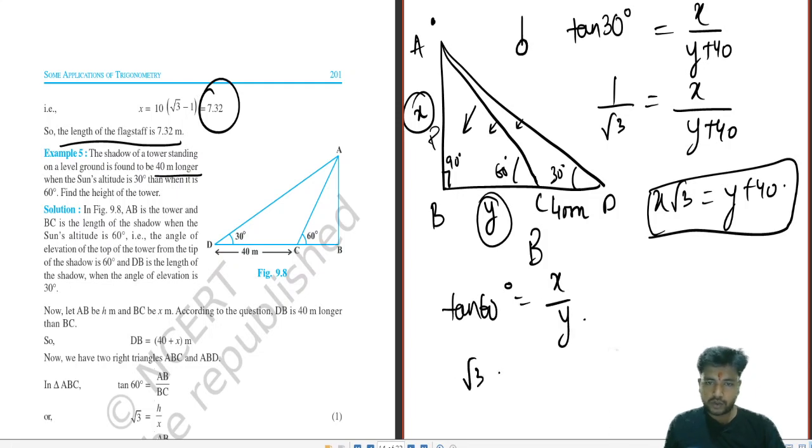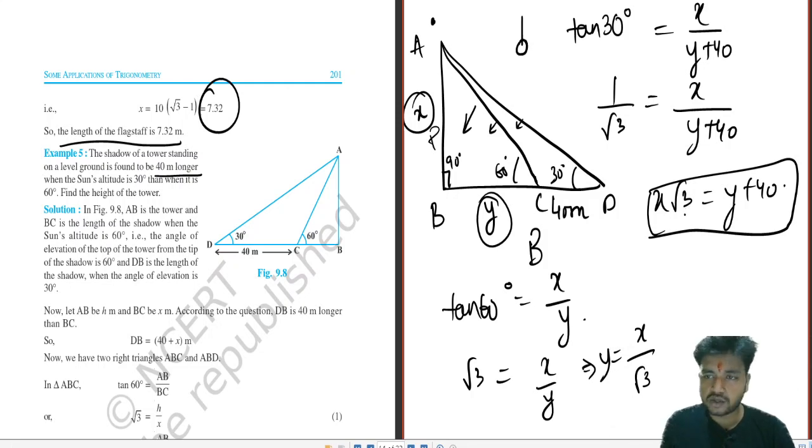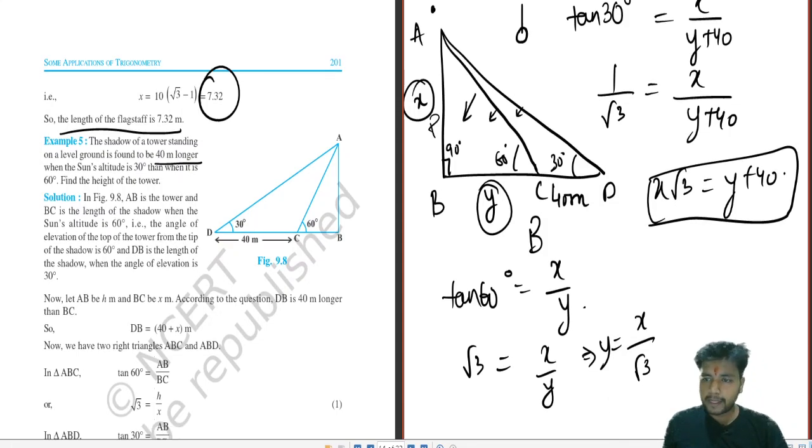So tan 60 is root 3. Now look into the question, we have to find x. So we will calculate the value of y. y is equal to x by root 3. Why? Because if we put the value of y over here, this would be helpful for us, because we have to calculate the value of x, not the value of y. Okay, so moving on further over here.